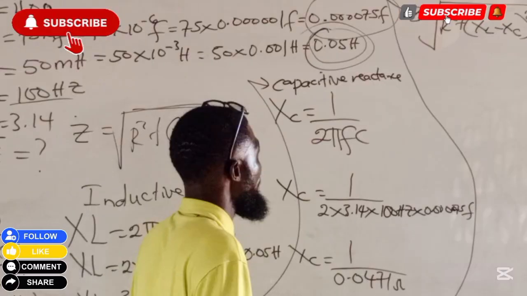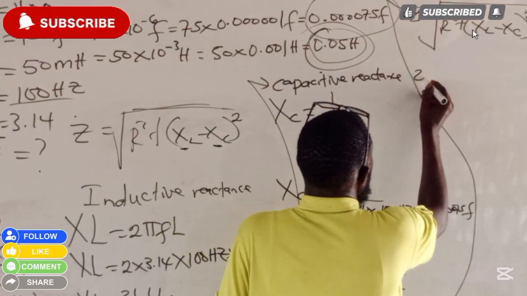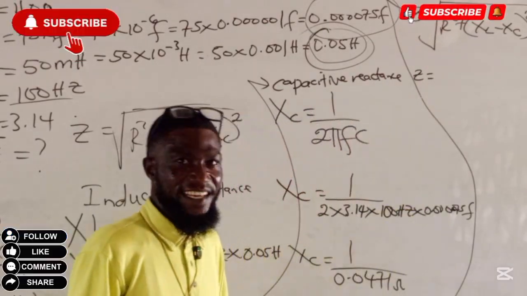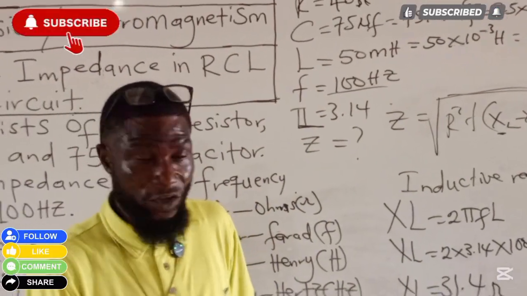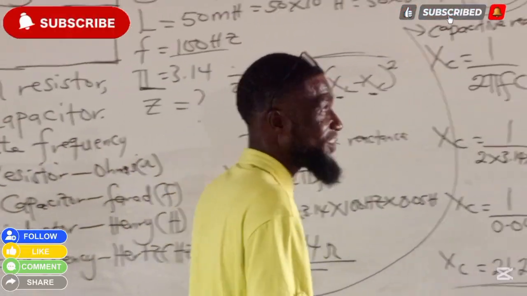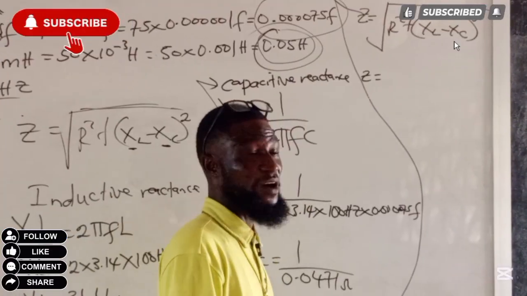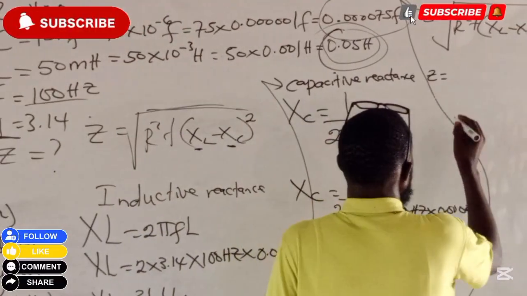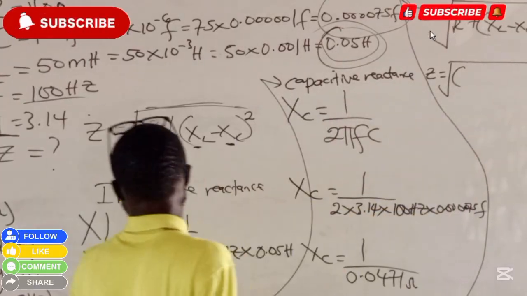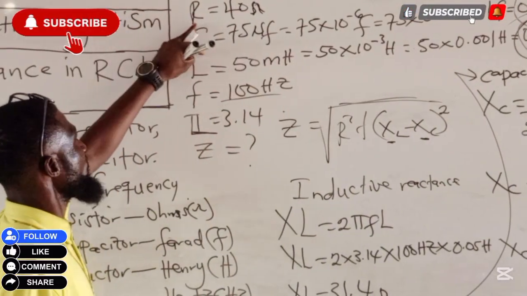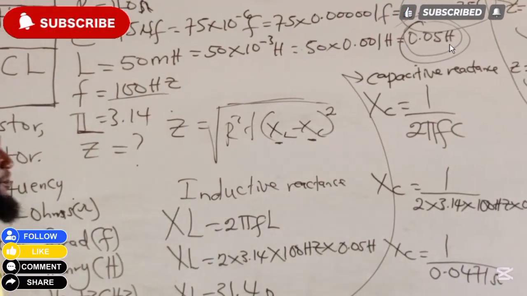Also remember, the impedance is the total opposition that the circuit offers to the alternating current. On this note, ladies and gentlemen, we'll be using this to solve our problem. So the impedance, which is Z, will be equal to the square root of R squared. Remember, R represents the resistance, which is equal to 40 ohms.